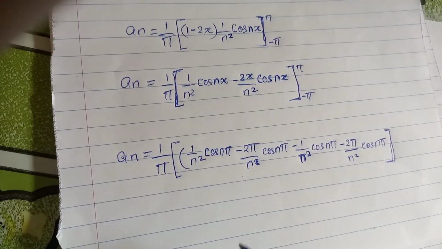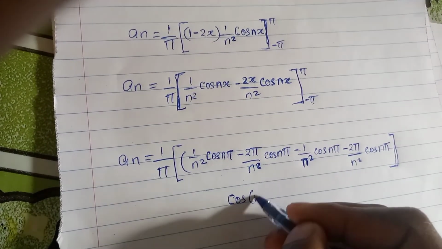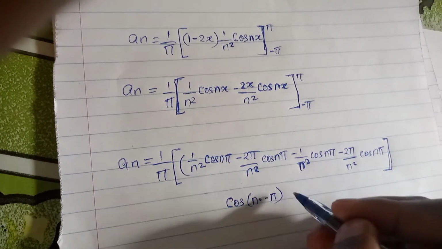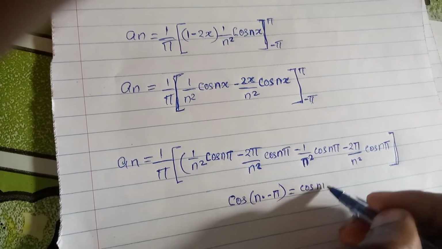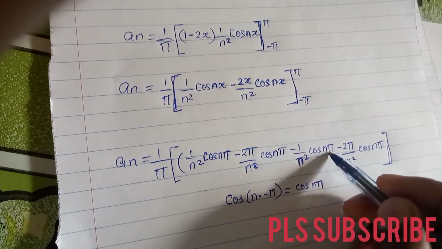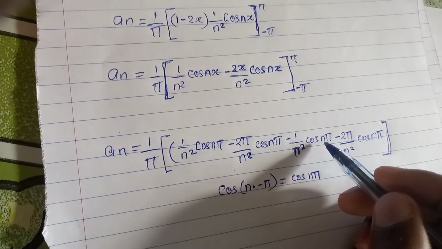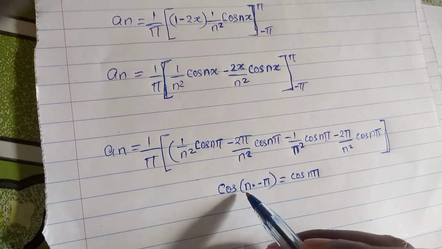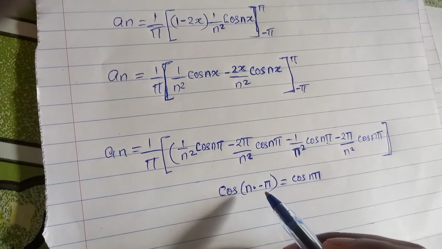And then of course we have an identity which says that the cosine of n times negative pi is the same as the cosine of n pi. That's why you are not seeing cosine of negative n pi in this case, because the cosine of n times negative pi is equivalent to the cosine of n pi.